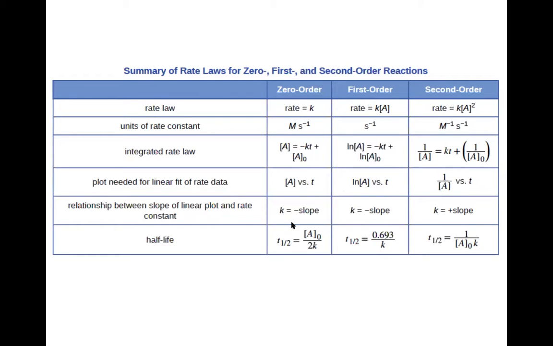The relationship between k and slope: for zero order, k is equal to negative slope. First order, k is also equal to negative slope, or vice versa, slope is equal to negative k. And in the second order, k is equal to slope. The half-life is what we will get into next time.